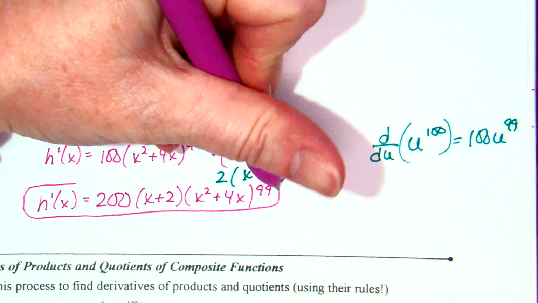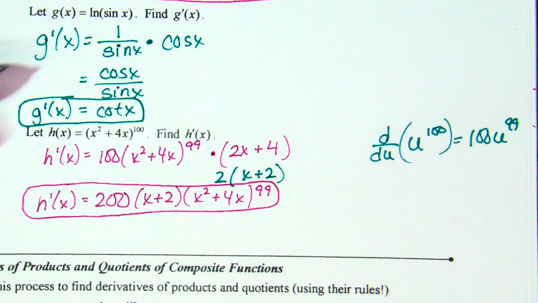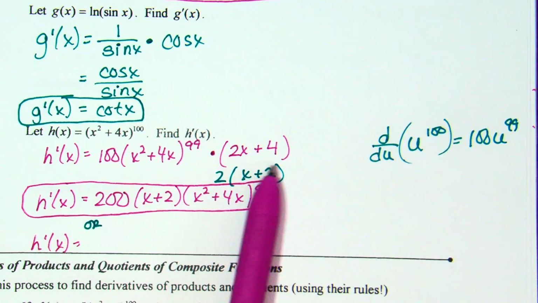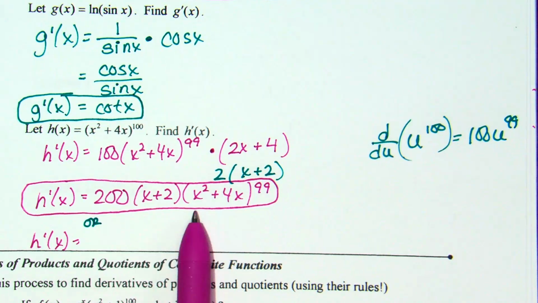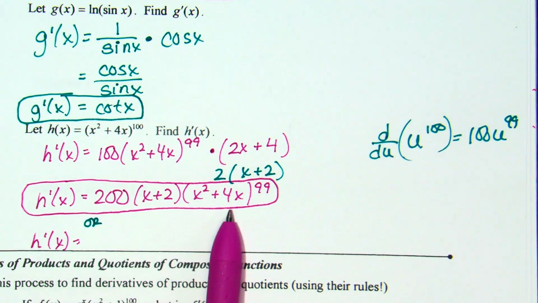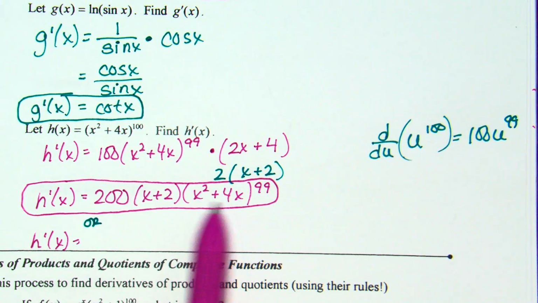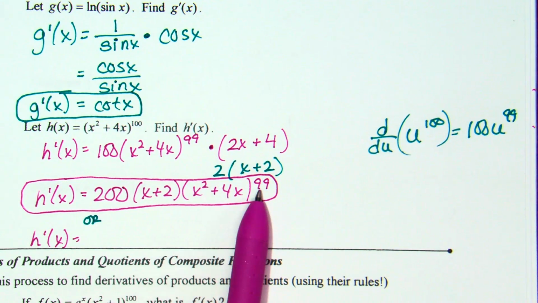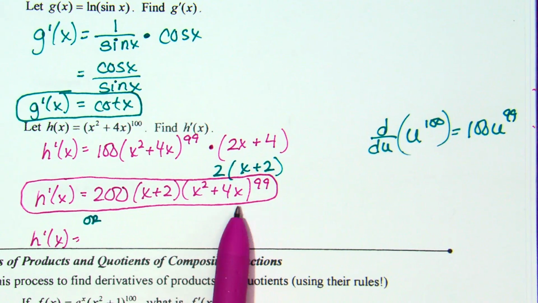I have one other option, though. We took a GCF out of 2x plus 4, yes. It was a 2, we multiplied it by the 100. What do you notice about my other parentheses? Okay, so there's a GCF of x, except when we take a GCF of x out of here, and these parentheses are raised to the 99th power, that means that x that I pull out is going to be an x to the 99th.